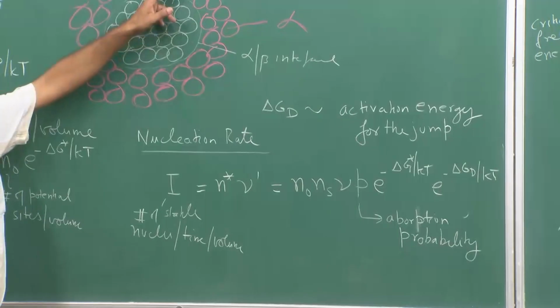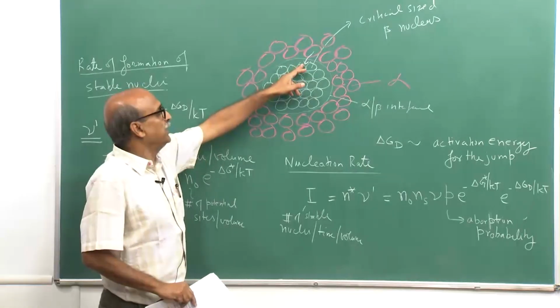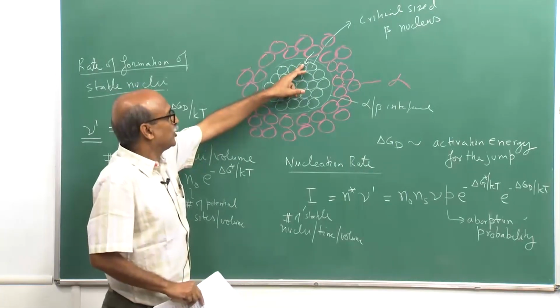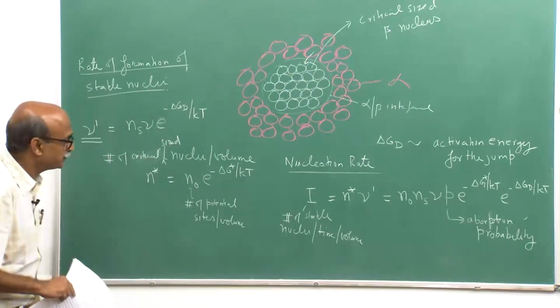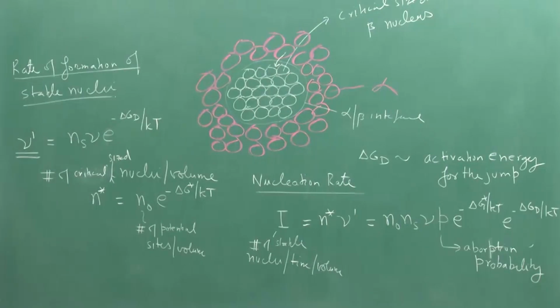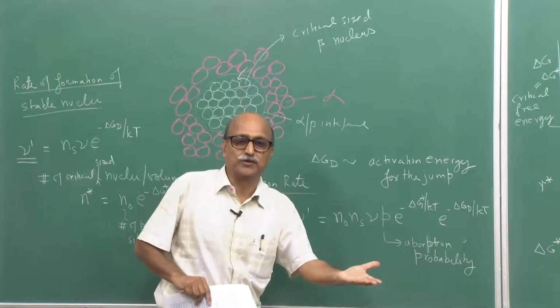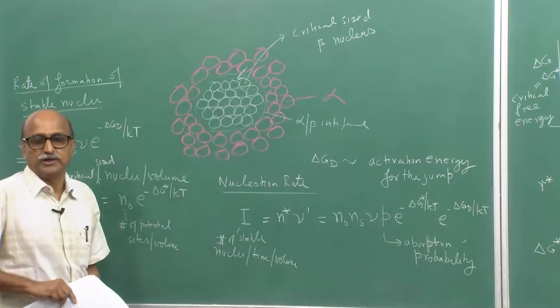That even if an atom jumps, it may not get absorbed in the nucleus, and that jump actually may end up in a failure. Now, this expression gives me the rate of nucleation, whether the nucleation is occurring homogeneously or heterogeneously.